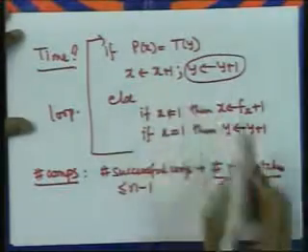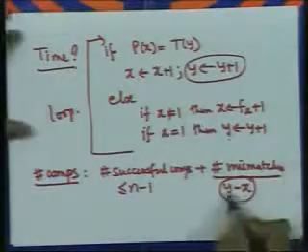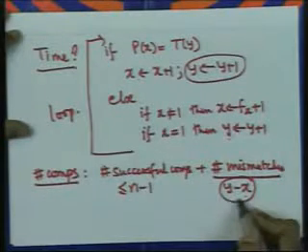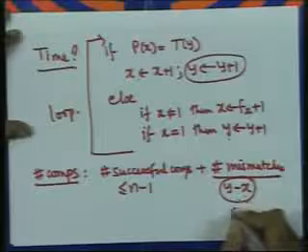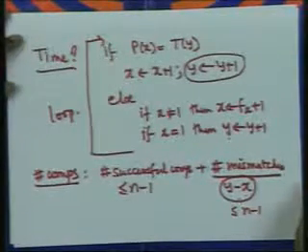If there is a match, y minus x remains the same, right? Both of them go up by 1. Nothing happens to this. If there is a mismatch, this increases. Initially, this is 0. The largest this can be is at most n minus 1. So the number of mismatches is also at most n minus 1.